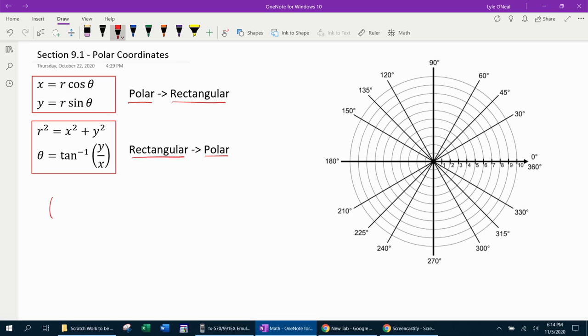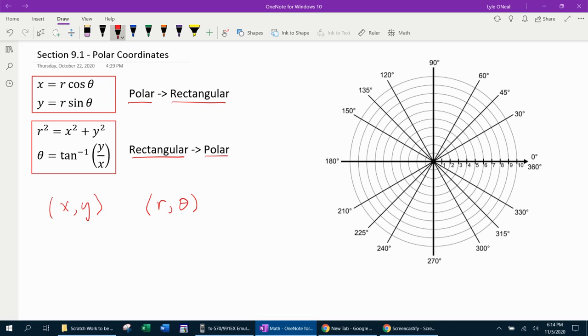So what we're going to begin with is ordered pairs. Most of you are familiar with the ordered pair x comma y. That is a rectangular set of coordinates. In the polar coordinate system, we also have ordered pairs, but that's r and theta. So we have two different coordinate systems.